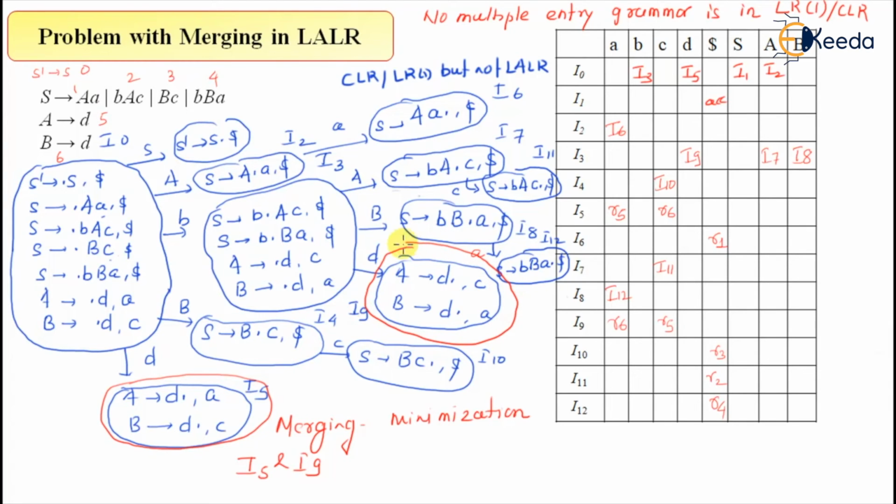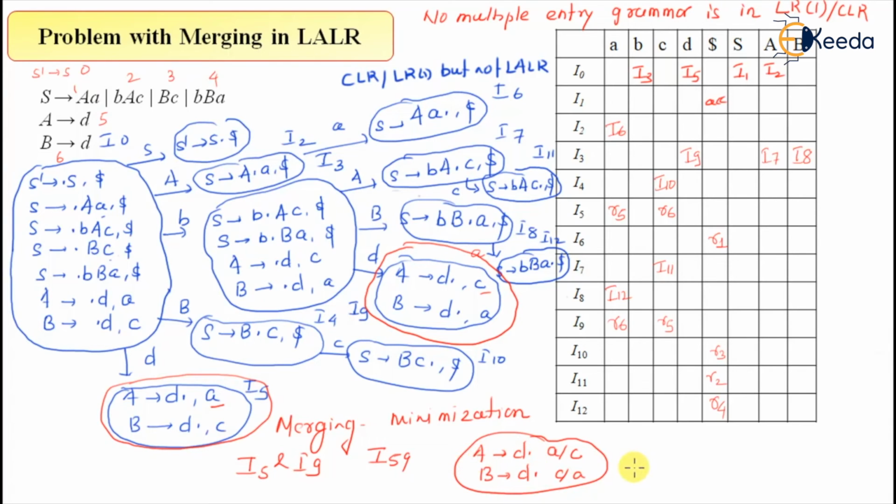A derived D dot, B derived D dot, both are present. Follow may be different, so that is okay. So that will create a state I59. A derived D dot, here follow symbol is A, here follow symbol is C, so it will become A or C. And B derived D dot, here follow symbol is C, and here it is A, so this will become C or A.